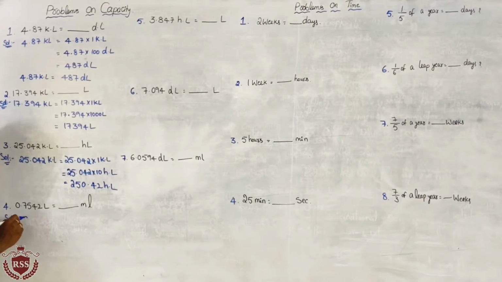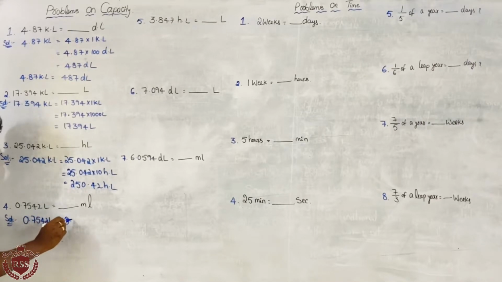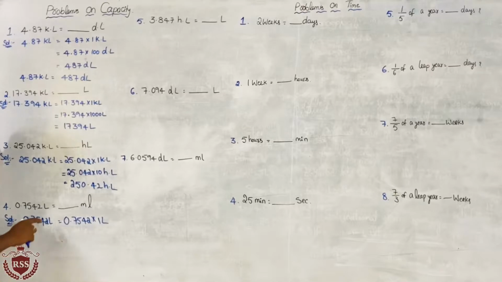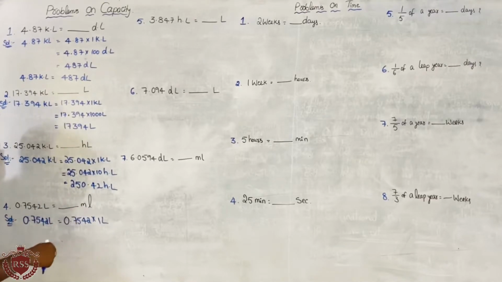What have they given us? 0.7542 liters equals 0.7542 into 1 liter. This 1 liter has to be converted into milliliters, ml. So 1 liter equals how many milliliters? 1 liter equals 1000 milliliters.